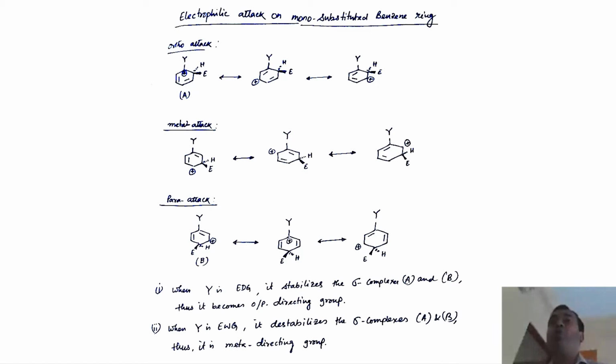So for ortho and para attack, most of the time generally, the reaction rate is faster than the meta attack. Why? Because meta attack generally happens with an electron withdrawing group. If the electron is being withdrawn by this substituent, the ring becomes electronically deficient in nature. So that is why the electrophilic attack happens at a much lesser rate.